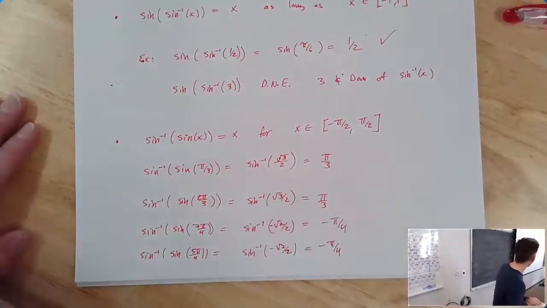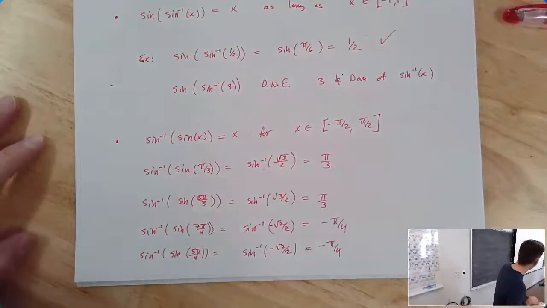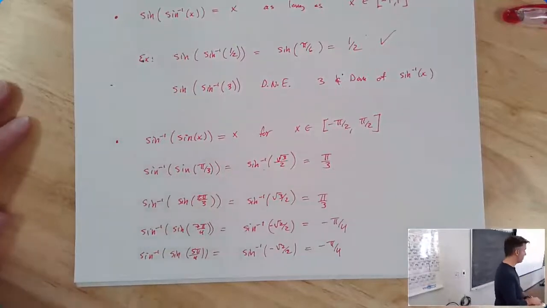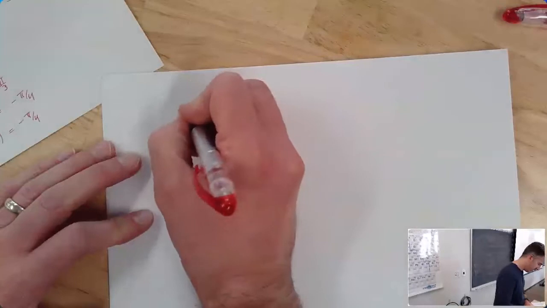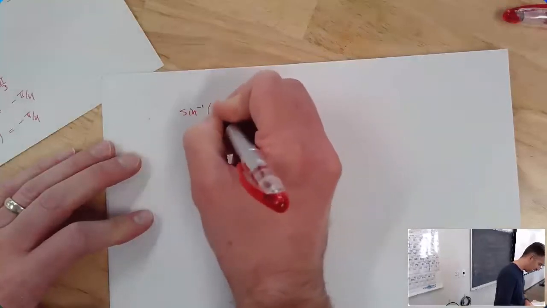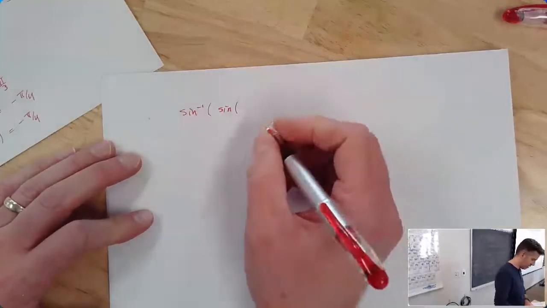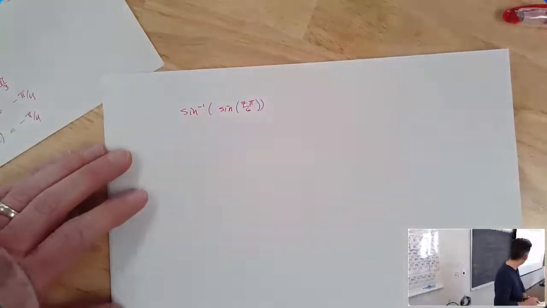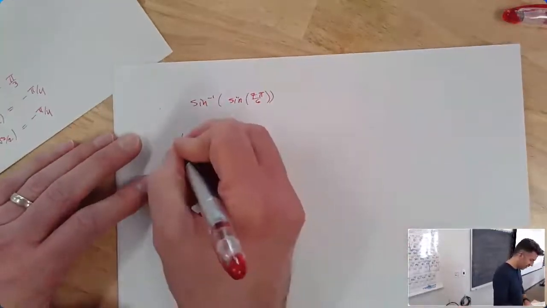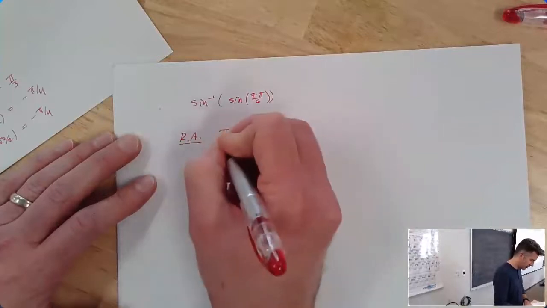Typically, when I see something like this, I'm thinking about my reference angle. So here's the thought process I go through when I'm trying to do this without doing too much work. If I want to find the inverse sine of sine of, say, 7 pi over 6, my reference angle is definitely pi over 6.